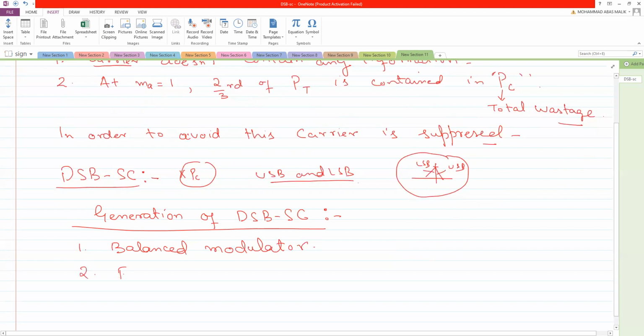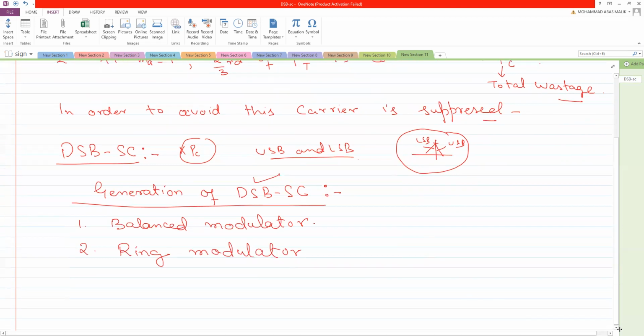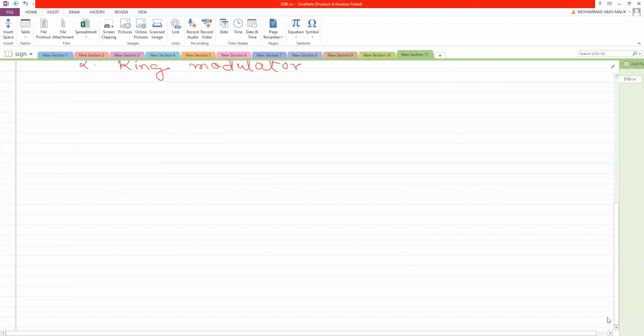Second one is the ring modulator. These are the two modulators by which you can generate double sideband suppressed carrier. Just a brief introduction, because we are going on to single sideband suppressed carrier.